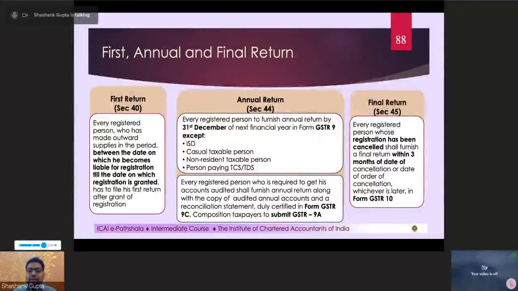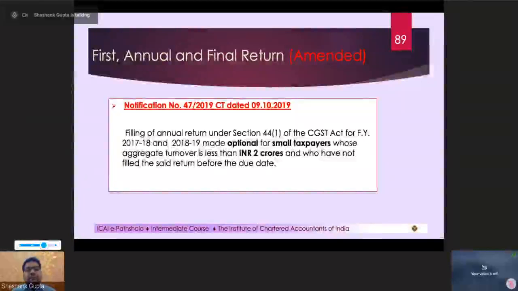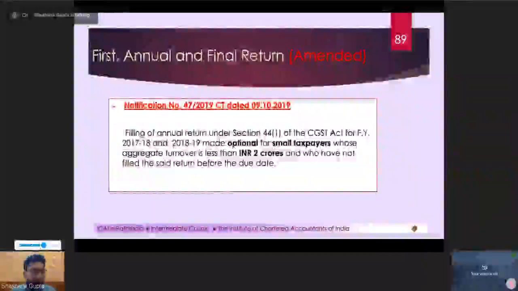Final return, which we have already discussed, is filed post cancellation of registration. Annual return for financial year 17-18 and 18-19 has been made optional for small taxpayers whose aggregate turnover is less than INR 2 crores. So, if they want, they can file.